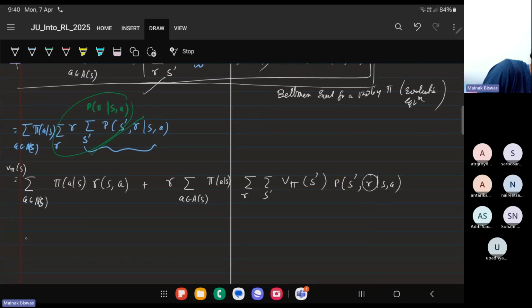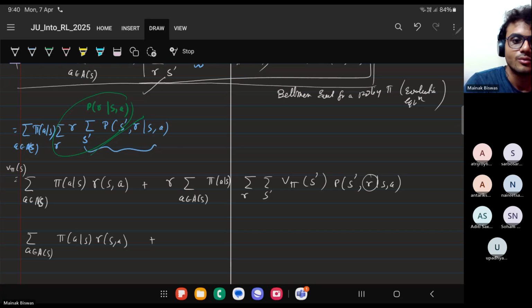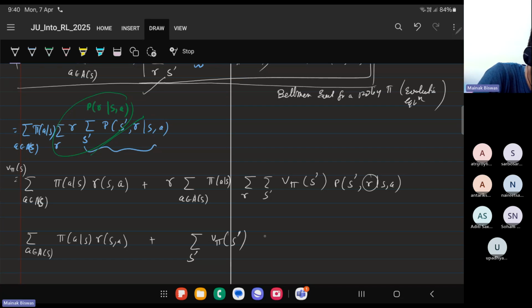So I'll just rewrite this as the sum over a of pi of a given s, plus, I'll write down over all s prime. I'm just reordering the summations. S prime, summation over rewards and actions, pi of a given s, p of s prime, r given s, a.